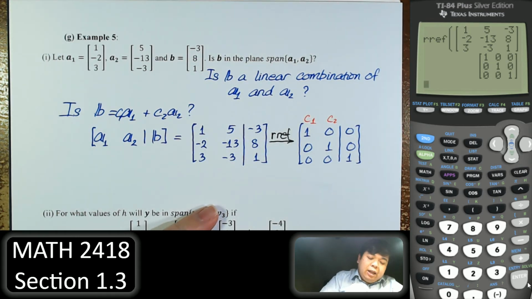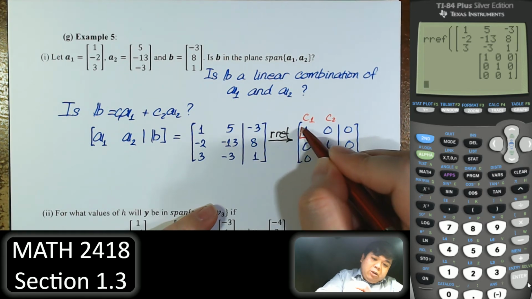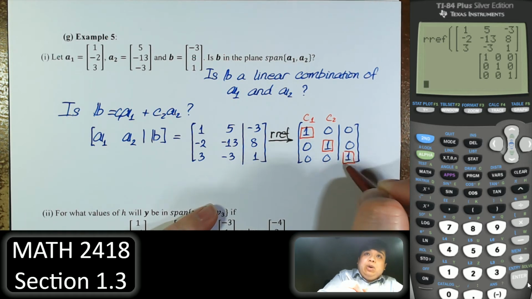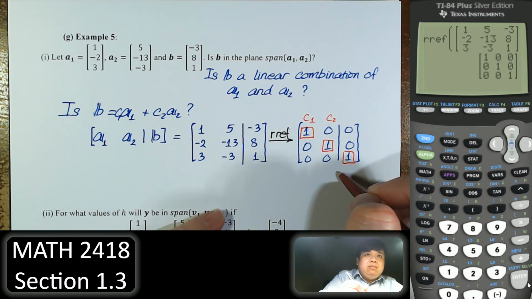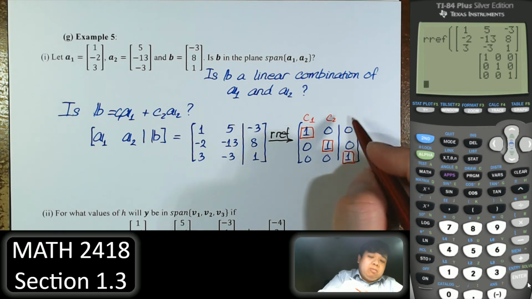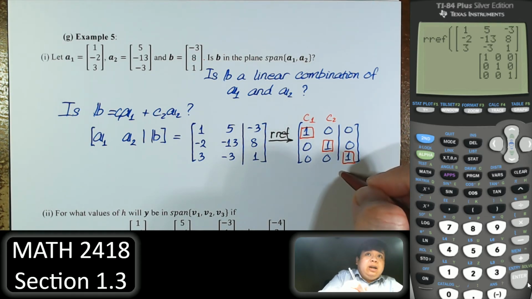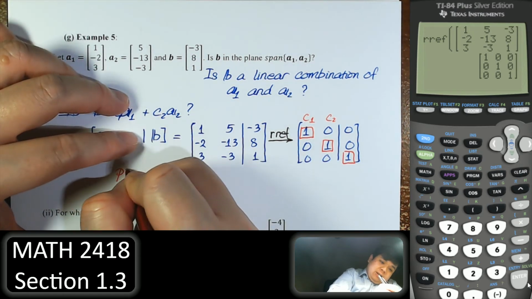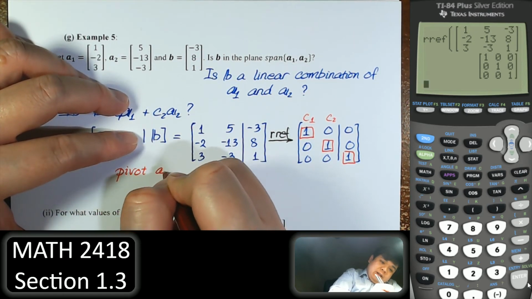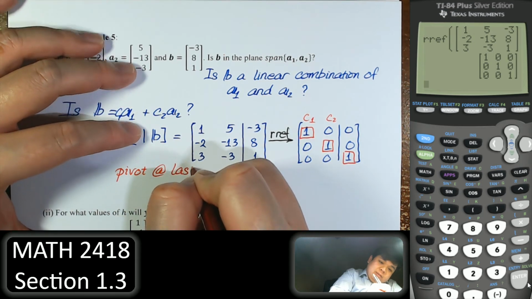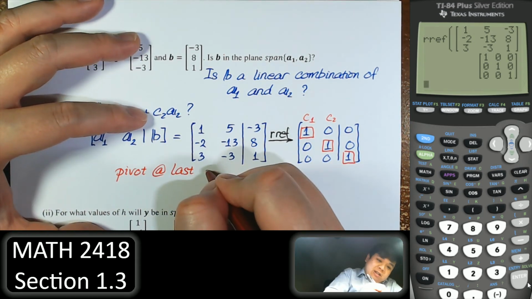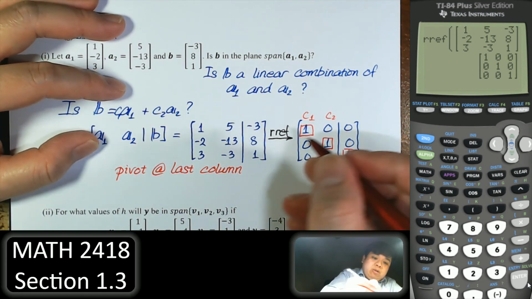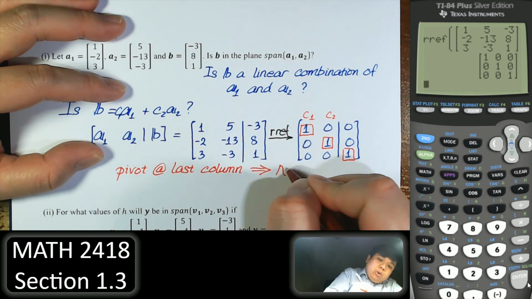Right. Now, in this matrix, we have pivots, but moreover, we have a pivot in the last column. If we have a pivot in the last column, that means there's no solution. So if we have a pivot at the last column of a row echelon matrix, no solution.